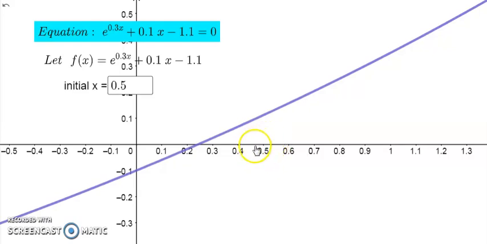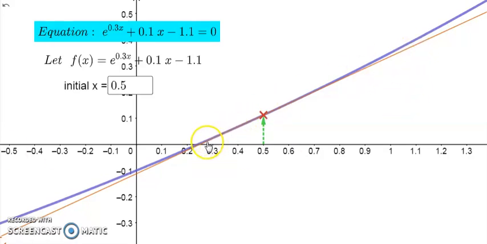Obviously, this is not the solution of the equation, where 0.5 is not the x-intercept of the graph. Graphically, we consider a point on the curve with x equal to 0.5. This is the point, and at this point we form a tangent line.